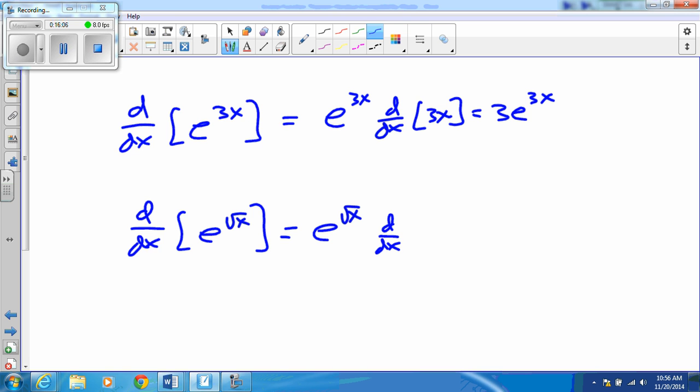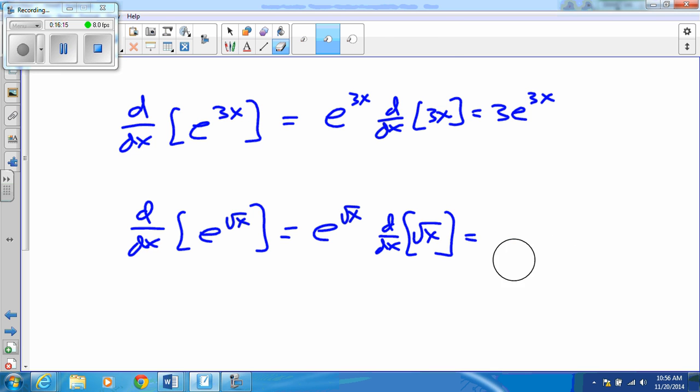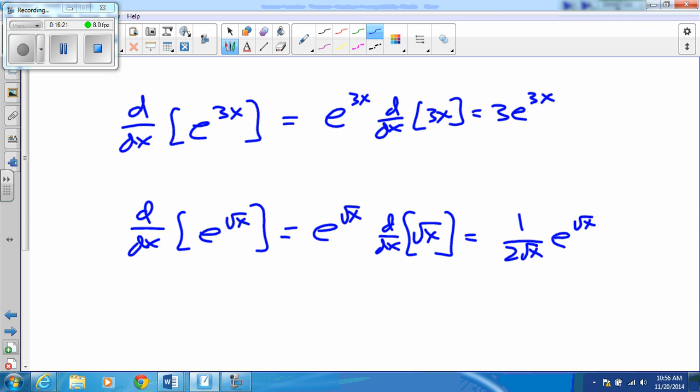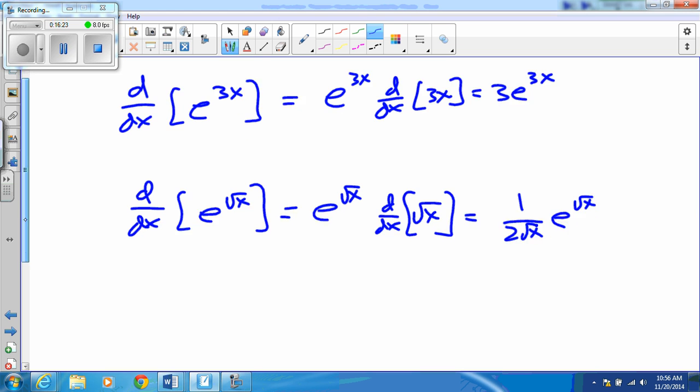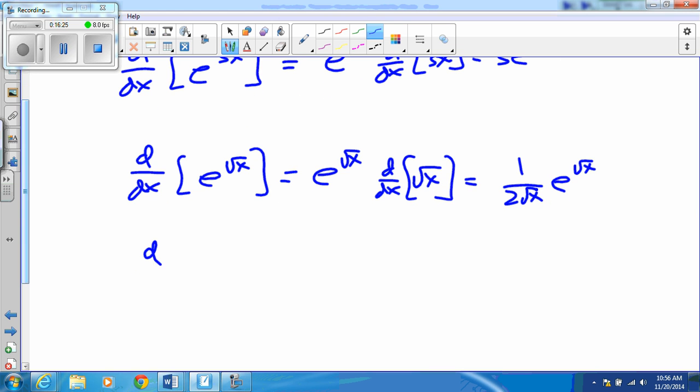Same story if I do something more complicated. The derivative of e to, let's say, the square root of x is itself times the derivative of the inside, which is 1 over 2 root x. No, not 2 root 2. 1 over 2 root x, e to the root x.